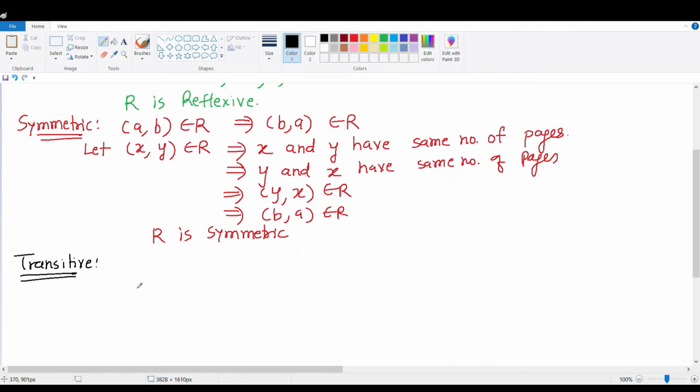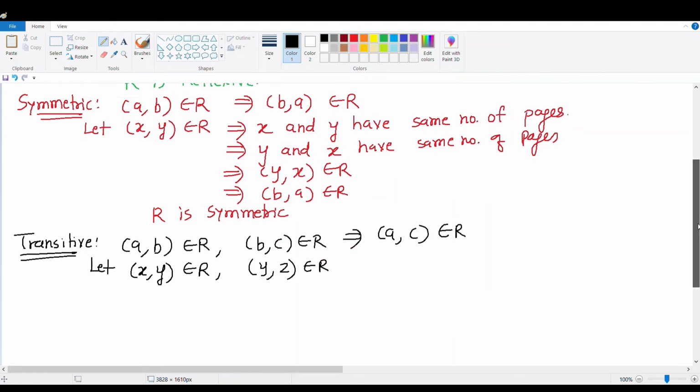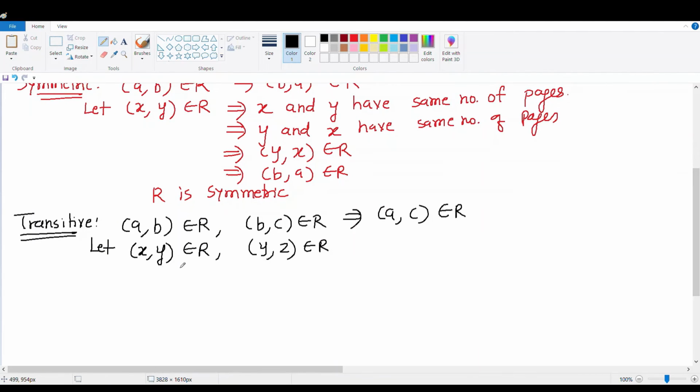Now the definition of transitive is what? That if you have (a, b) belongs to R, and let's say you have (b, c) belongs to R, then you must have (a, c) belongs to R. Okay, so let (x, y) belong to R, and let (y, z) belong to R. Now we know that condition: if (x, y) belongs to R, that means x and y have the same number of pages, and if (y, z) belongs to R, then y and z must have the same number of pages.